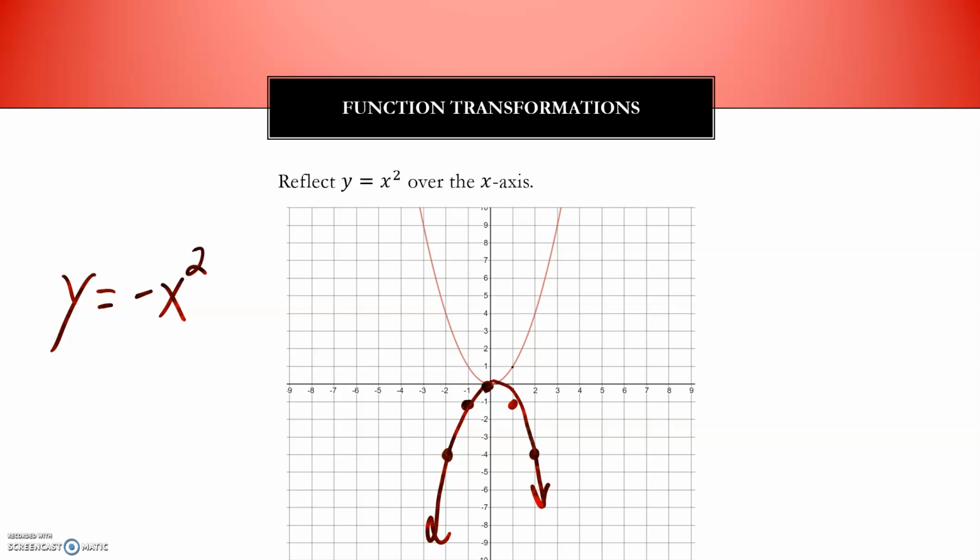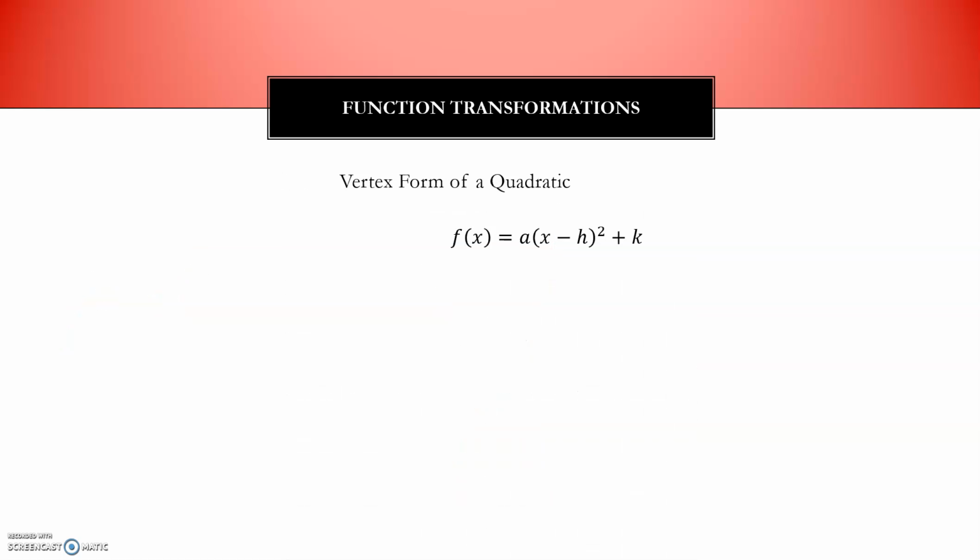Okay. By the way, I don't have to use a graph. I can use the function rule also. Vertex form of a quadratic is f of x equals a times x minus h quantity squared plus k. And just to remind you, now I'm going to show you something, and we're not going to use it too much for this practice.